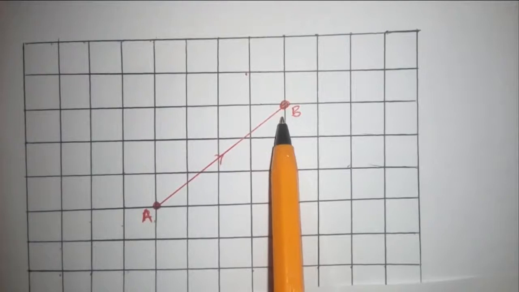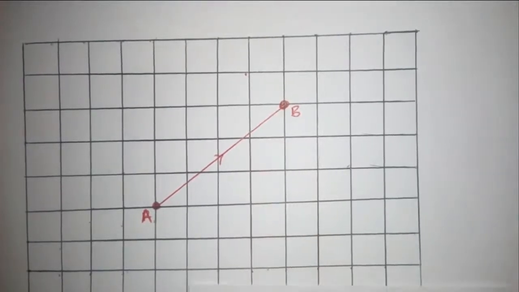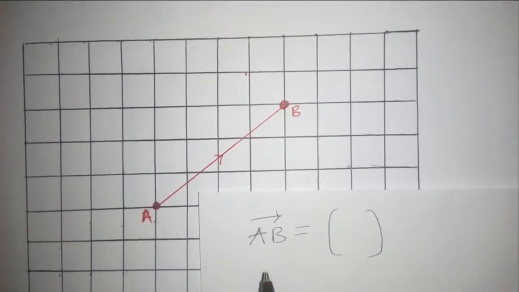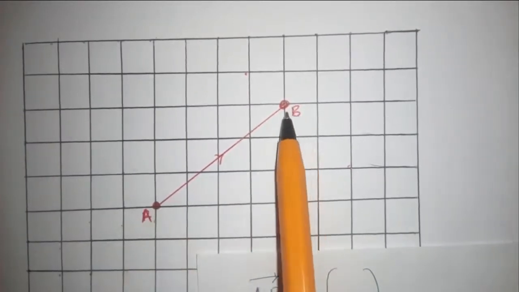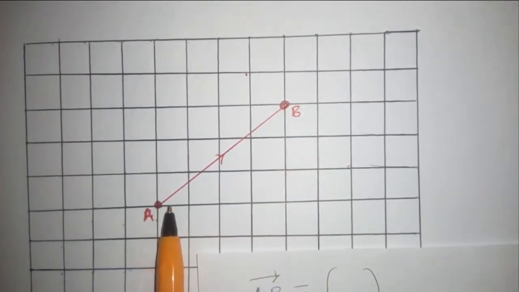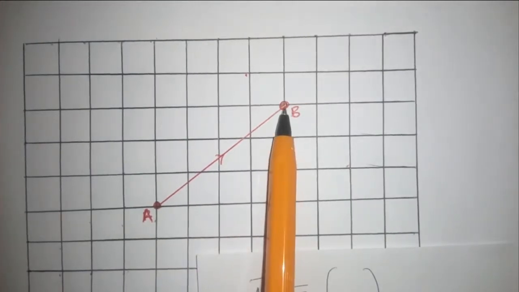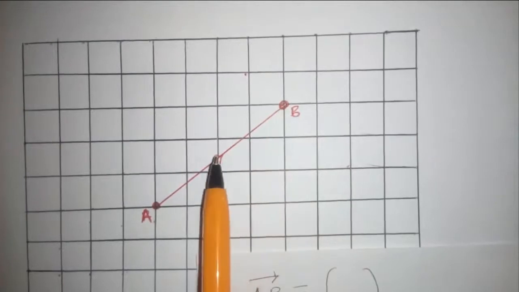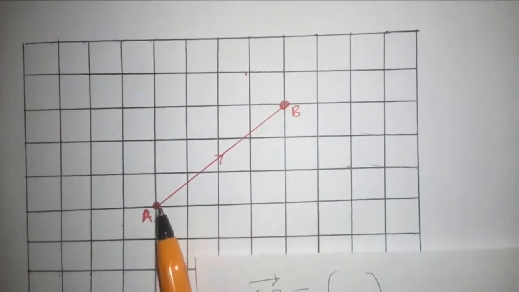Down to top is supposed to be positive. The vector that we need to find is vector AB. This vector is coming from A going to B. So you maintain this position and then you start moving to your right side.